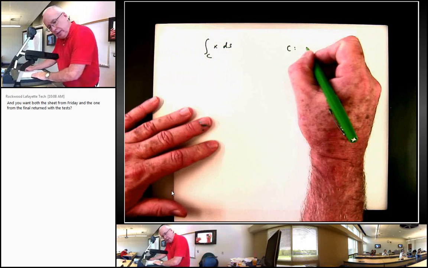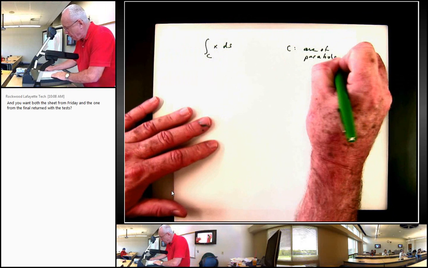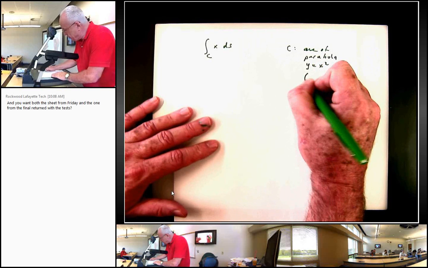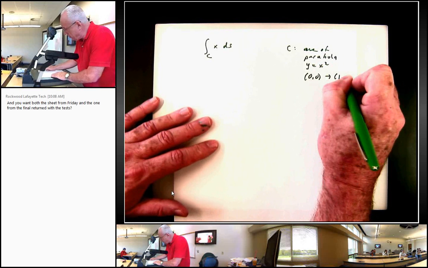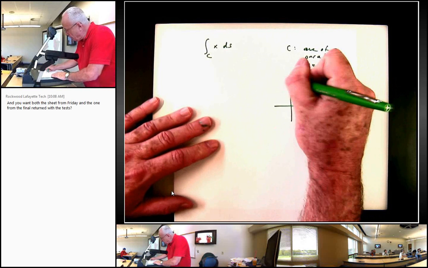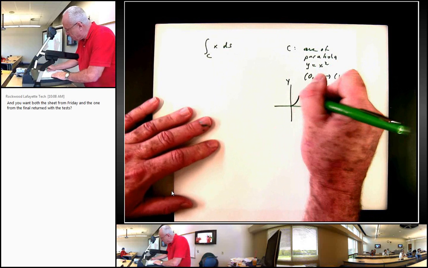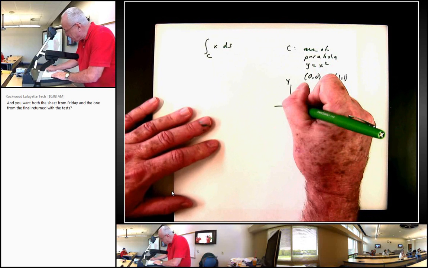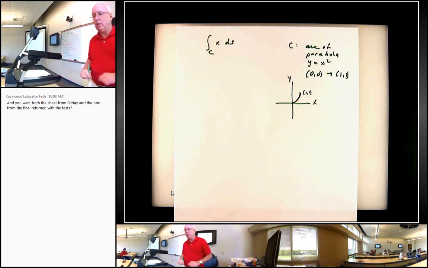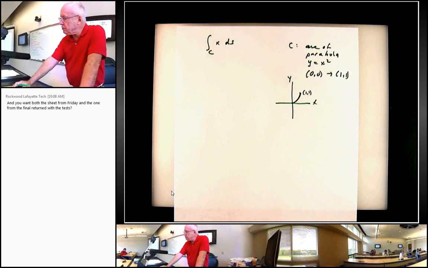C is the arc of the parabola y equals x squared from (0, 0) to (1, 1). The parabola from (0, 0), then we just go up to (1, 1), and we stop right there. So it's that little thing right there. Okay, that's our C.